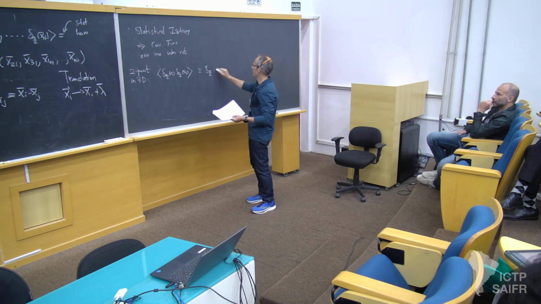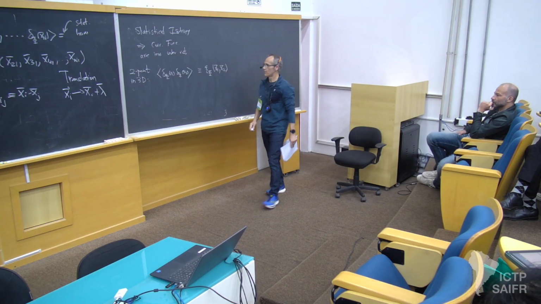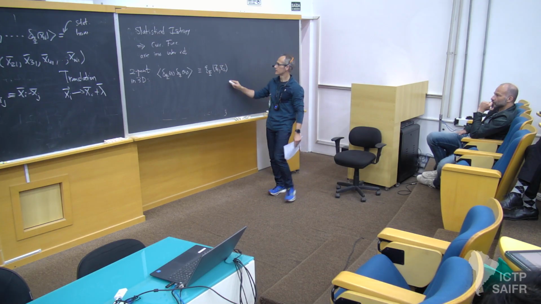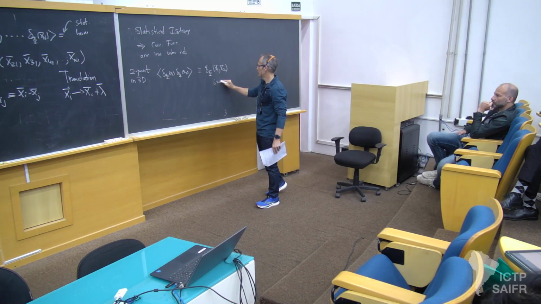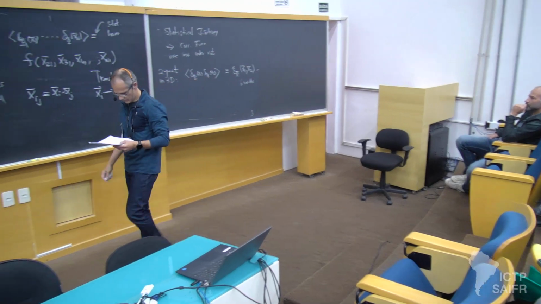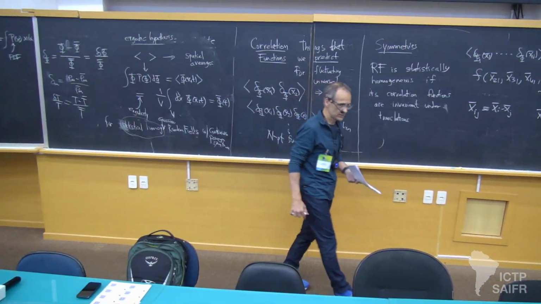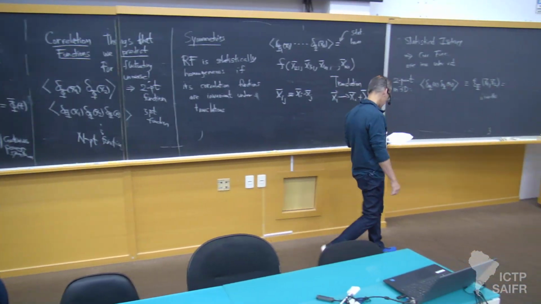In general, if there are no symmetries, this is a function of 6 variables, right? Because we have 2 vectors in 3 dimensions. So if there is no statistical homogeneity and isotropy, that's a function of 6 variables, okay?